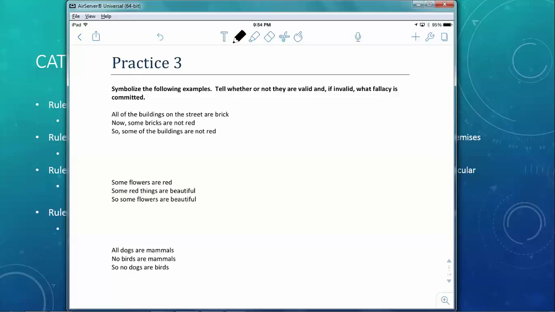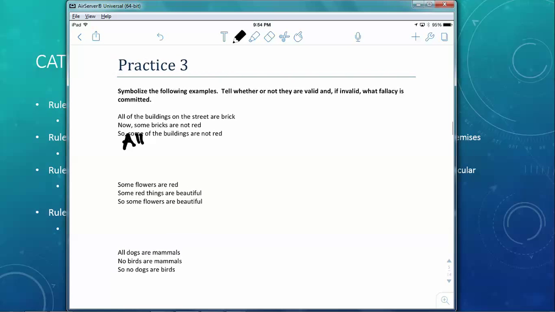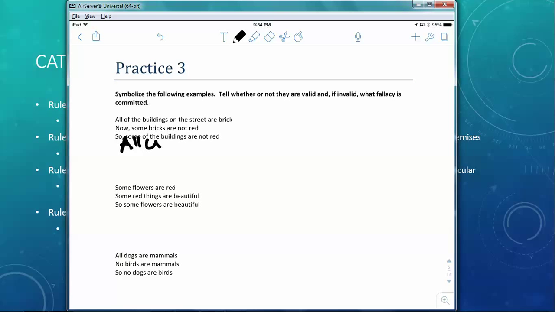The first one: all of the buildings on the street are brick. So I'll say U for buildings on the street. All U are R, for brick. Some bricks are not red.